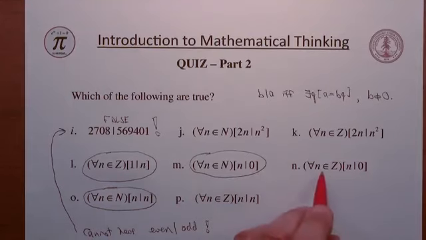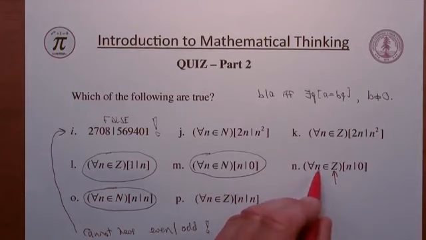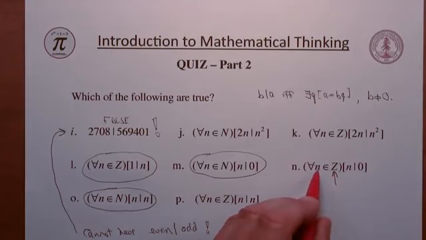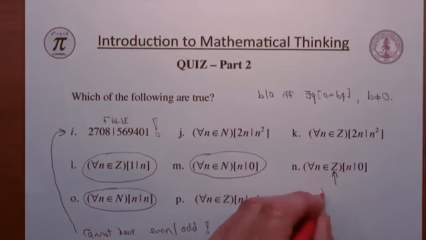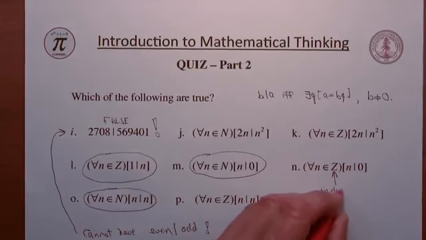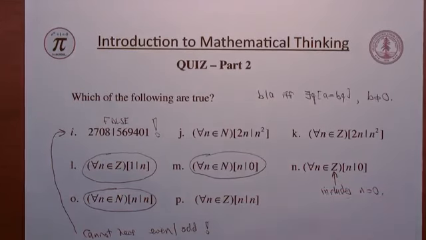The reason this is false is because if n can vary over Z, then that will include n equals 0. And so we can't have this, because we can get a 0 coming in. That includes n equals 0. Likewise for this one. Okay, same thing.